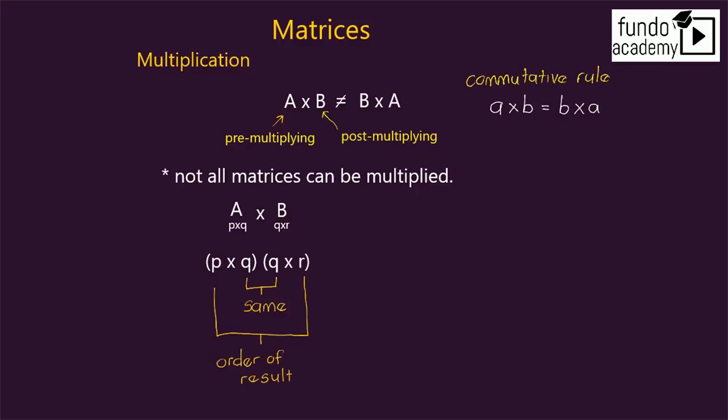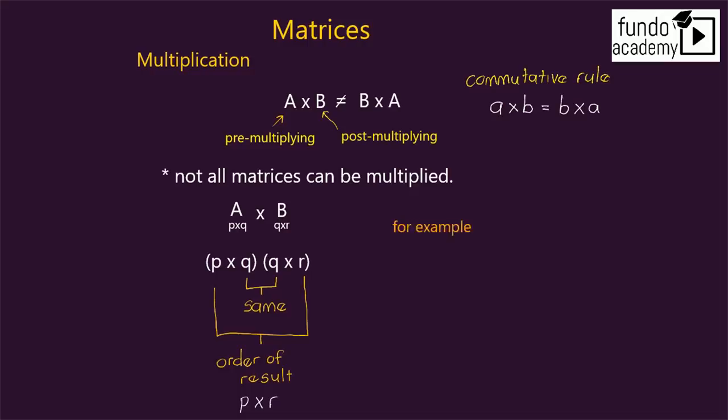So these two outer values give us the order of the result. This is some important stuff.